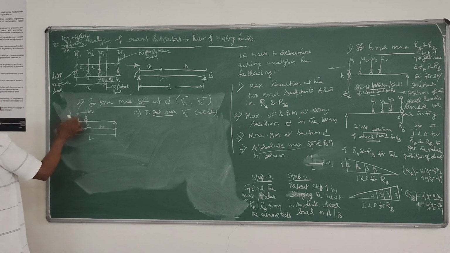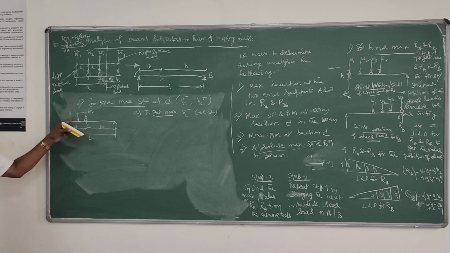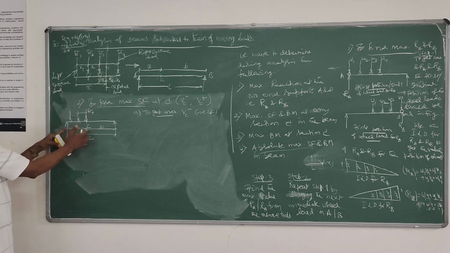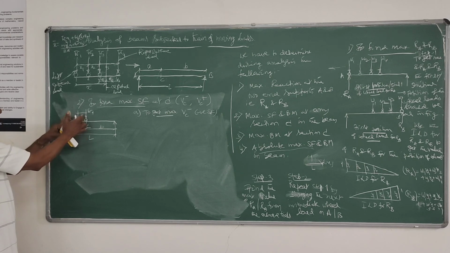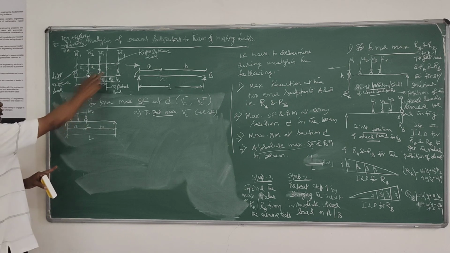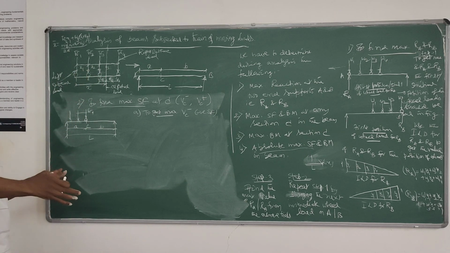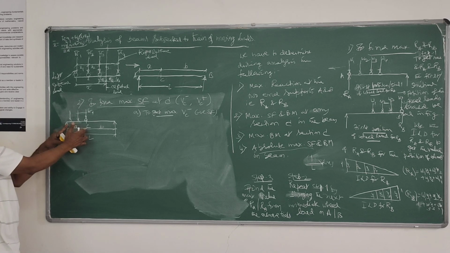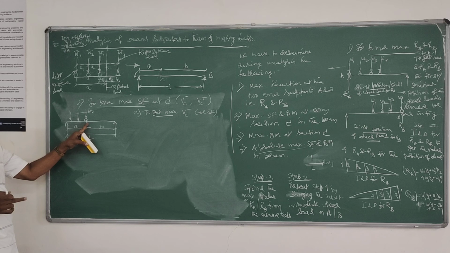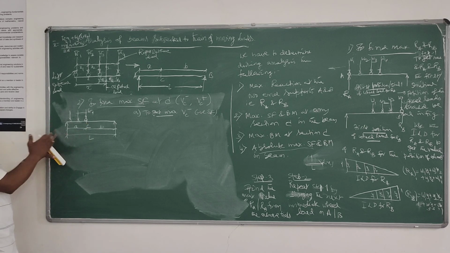Suppose only 3 loads are possible here. Suppose these distances are 4 meters, 2 meters, 3 meters. 4 plus 2 plus 3 becomes 9, and this distance is 8. So in that case, first I have to place the right extreme wheel load here. One wheel definitely goes out.